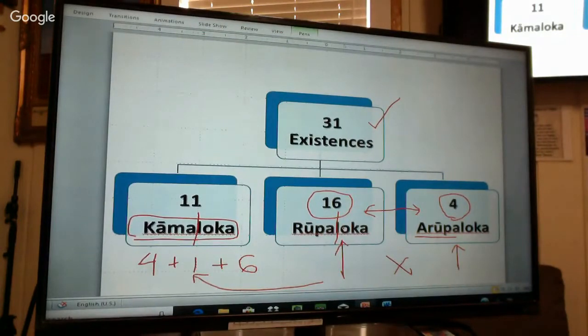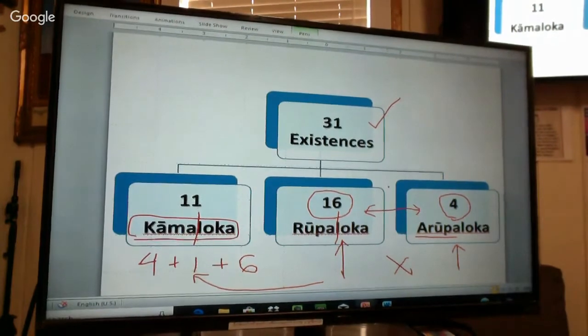If you want Arupa jhana, you need to practice for the Rupa jhana first. And after you get that Rupa jhana, you need to upgrade to get the Arupa jhana. So Arupa jhana and Rupa jhana are connected.